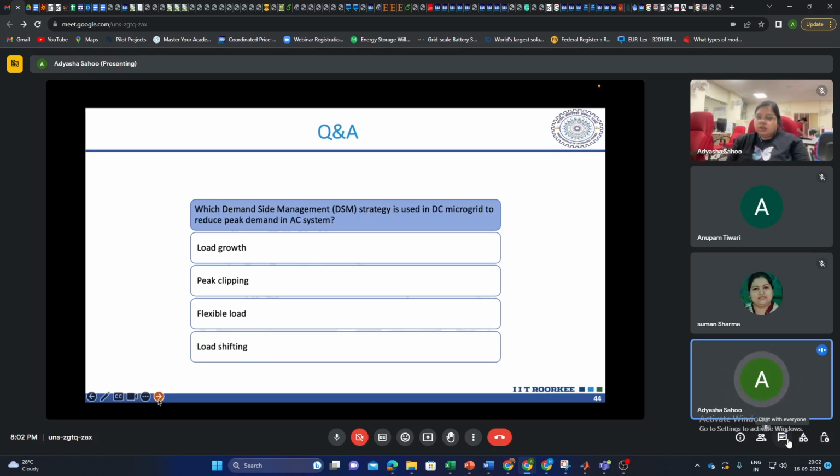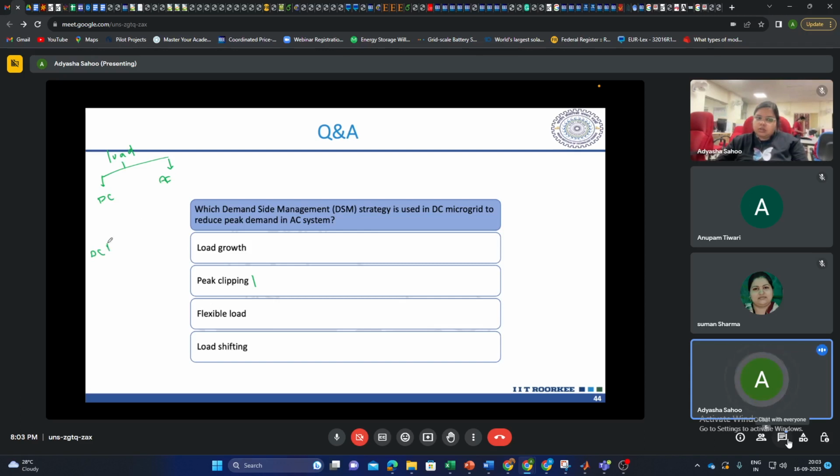Then which of these demand side management strategies is used in a DC microgrid to reduce peak demand in the AC system? So basically loads are of two types, DC and AC.